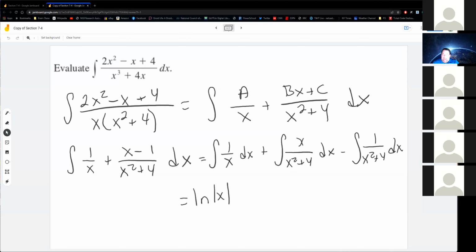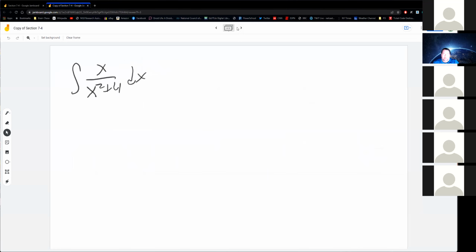This one right here, I can actually do my u substitution on. I'm going to make my u x squared plus 4. So du is 2x dx. So it's 1/2 du equals x dx.